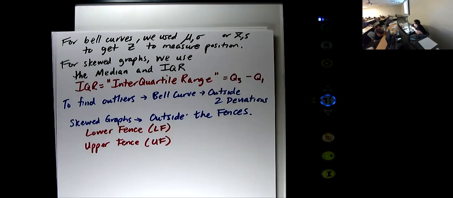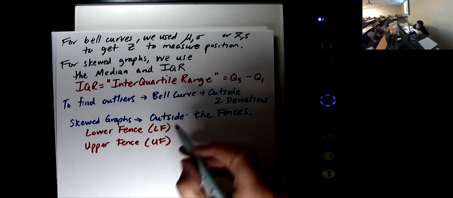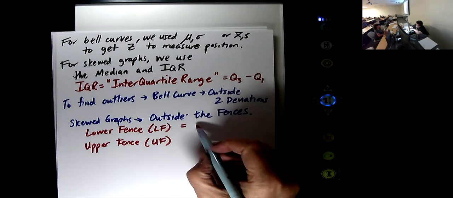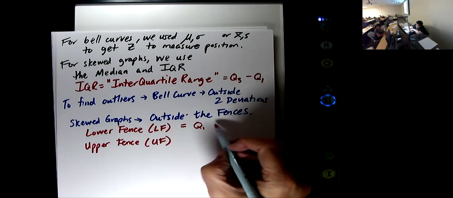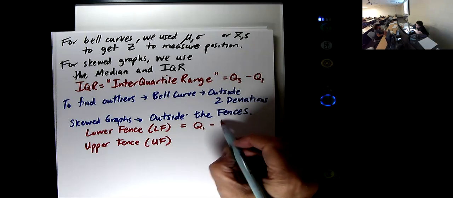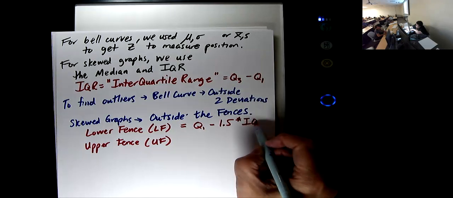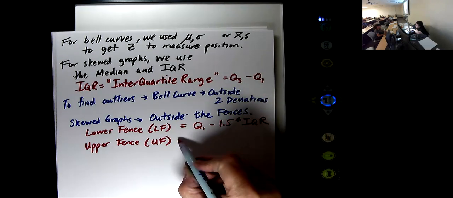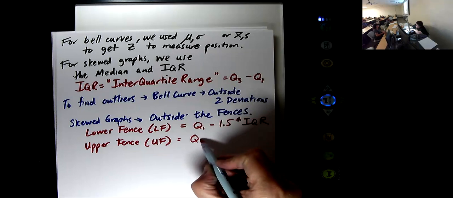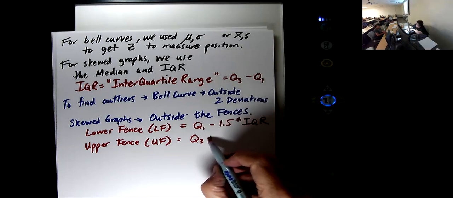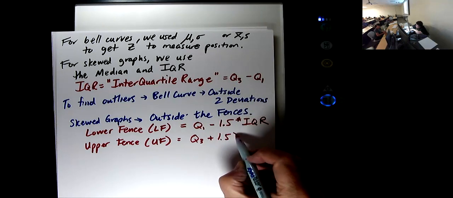We're talking about numbers for all of this. So the lower fence is calculated as Q1 minus 1.5 times IQR. And the upper fence is Q3 plus 1.5 times IQR.